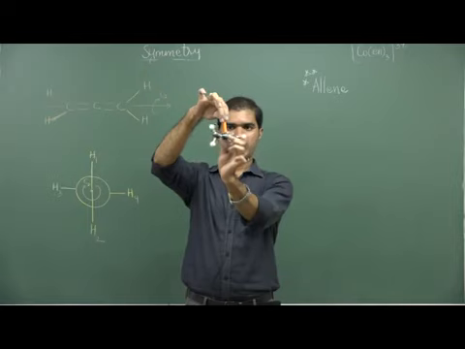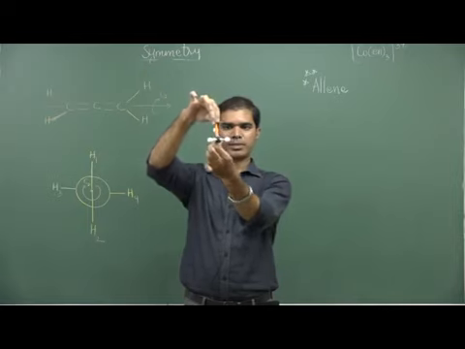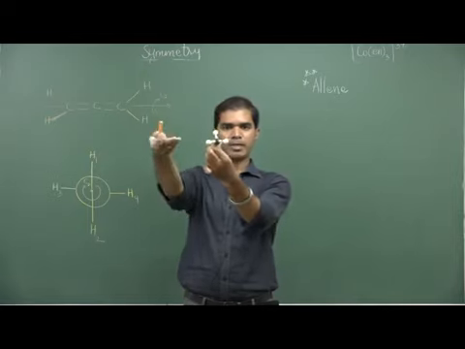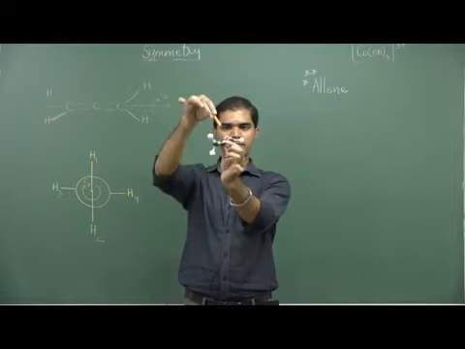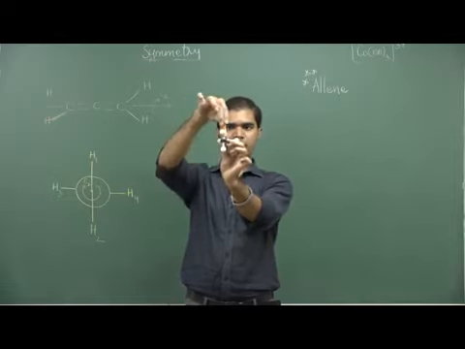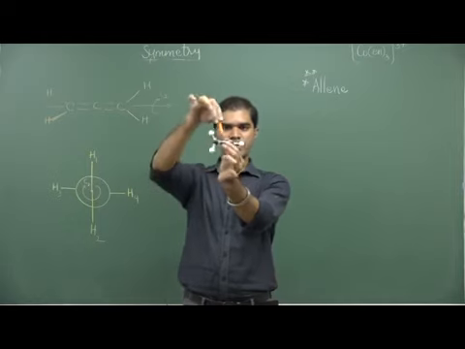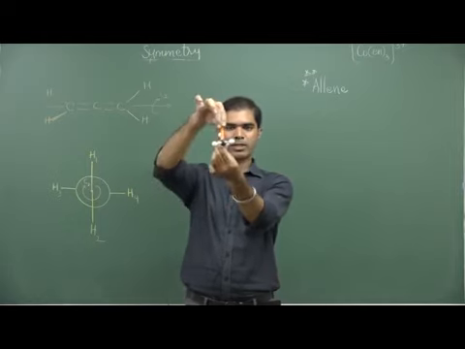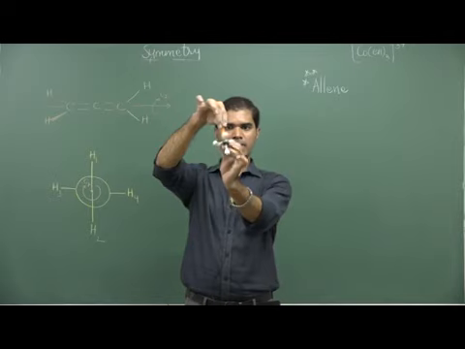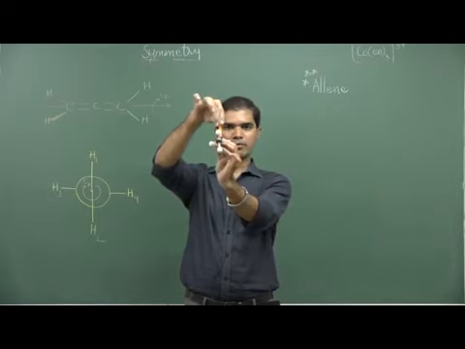If I rotate by 180, you are getting two hydrogens which are in the plane xy. Above and below the xy plane cannot exchange with two hydrogens in the plane, so this is not a valid rotation. Then I conclude that there is no C2 which is passing from the central carbon atom.